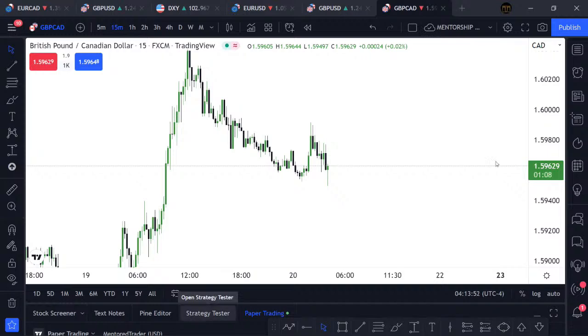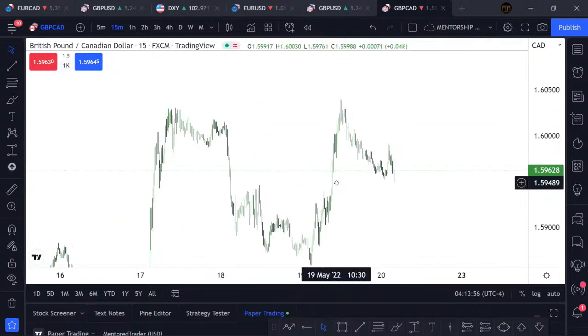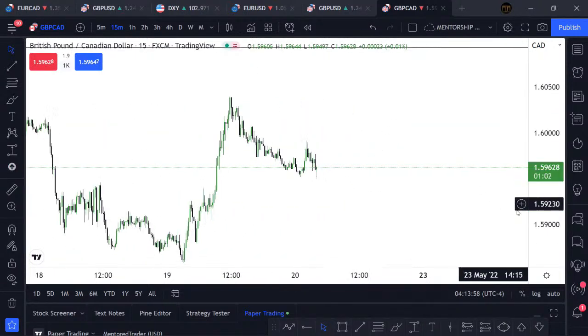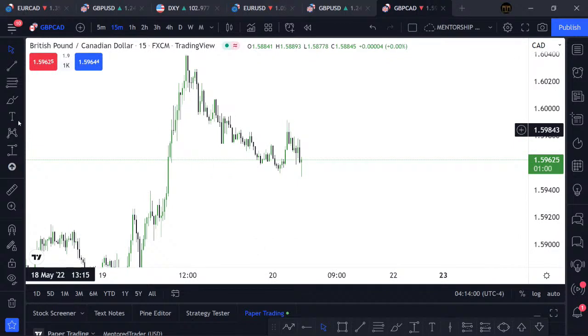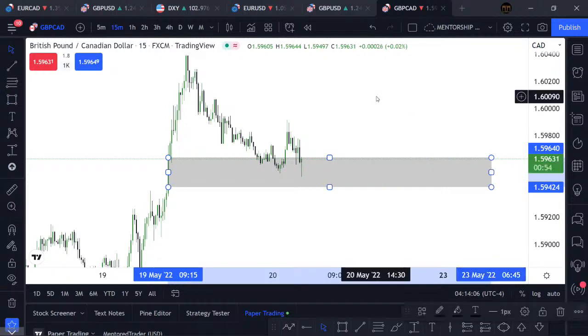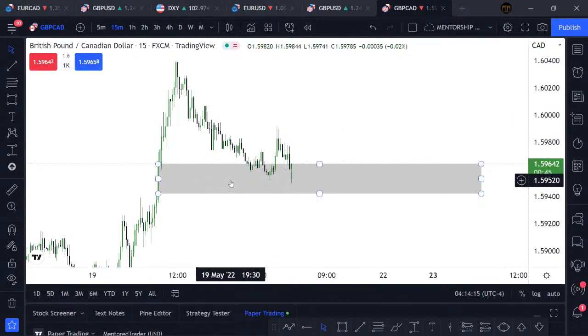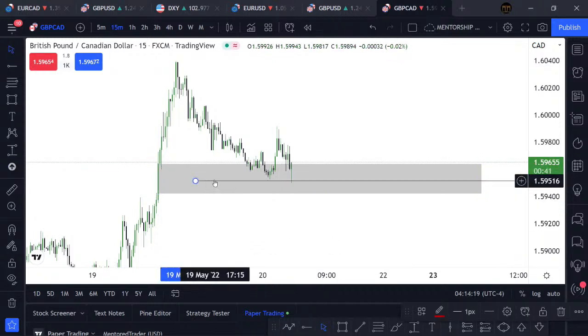If we have any, let's first mark the imbalance. Let's get an institutional level if we have any in here. Okay, there.